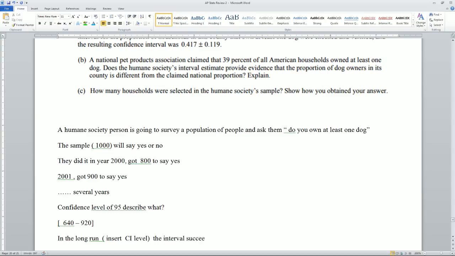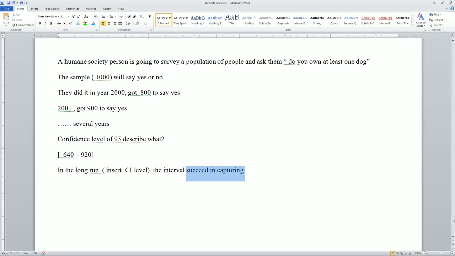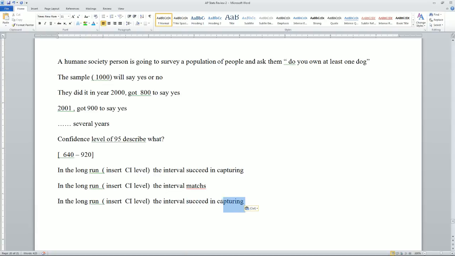You can use the word succeeds, or you can say the interval succeeds in capturing, or the interval matches, or reflects completely.